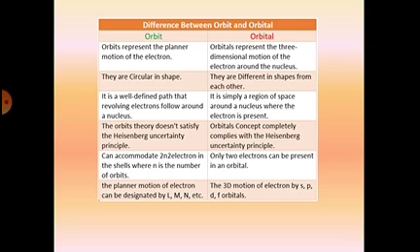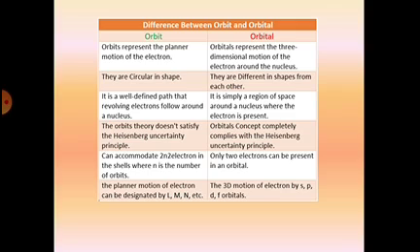Third one, an orbit is a well defined path that revolving electrons follow around a nucleus. Whereas in case of orbital, it is simply a region of space around a nucleus where the electron is present. So it's very simple. Fourth difference, the orbit theory doesn't satisfy the Heisenberg uncertainty principle.